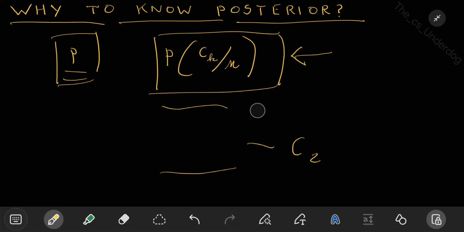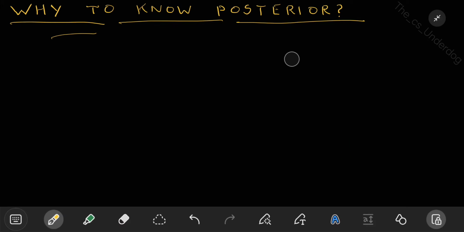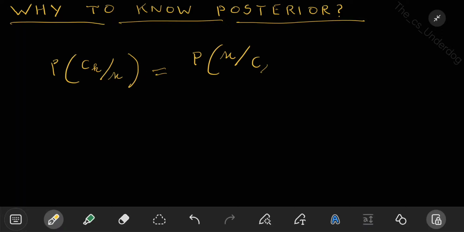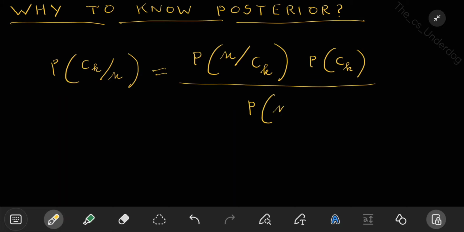So the first thing: what is the posterior and why is it special? It combines the prior knowledge with the observed data. How do you find the posterior? P of Ck given X, where X is your input data and Ck is the class, is P of X given Ck times P of Ck, divided by P of X. This does two important things.